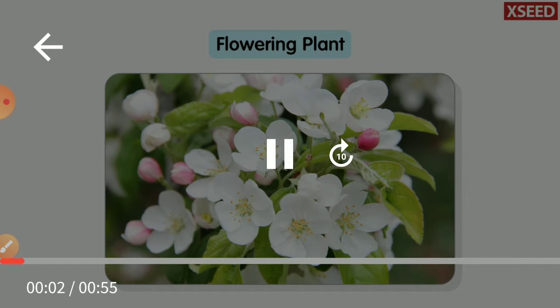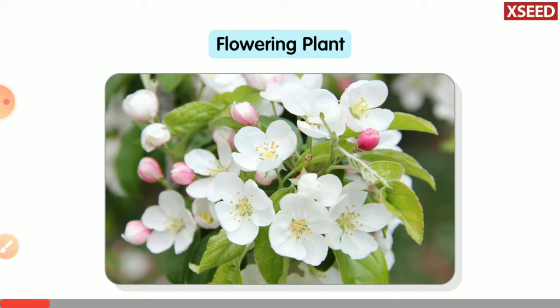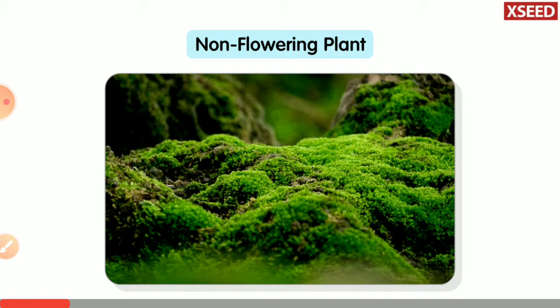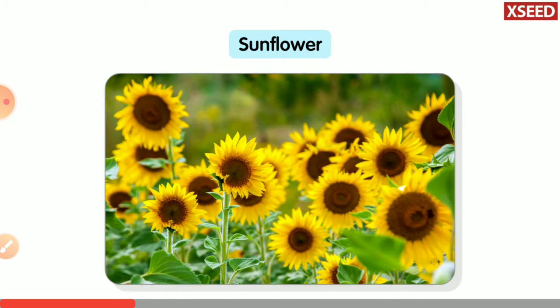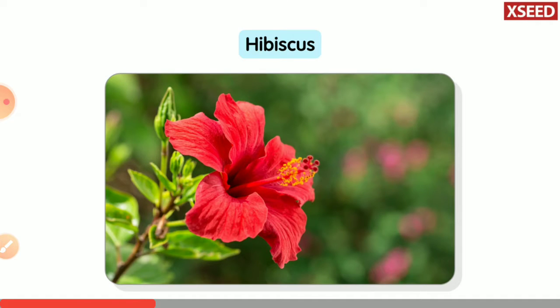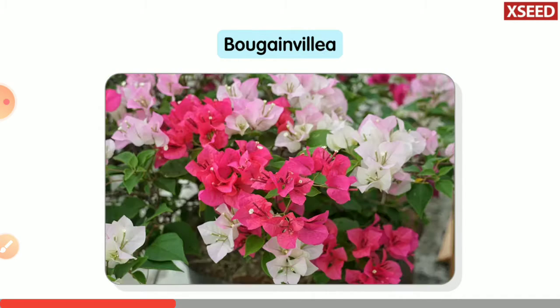flowering plants have flowers, while non-flowering plants do not have flowers. Sunflower, hibiscus, daisy, and bougainvillea are some flowering plants.